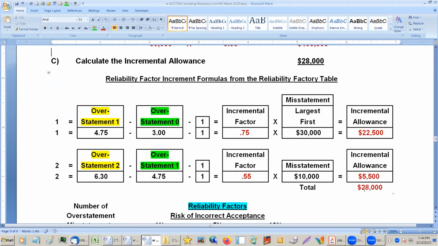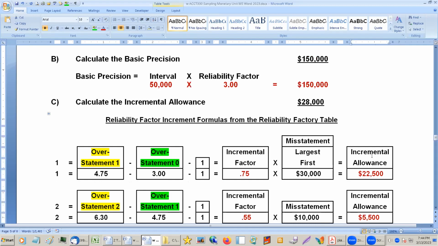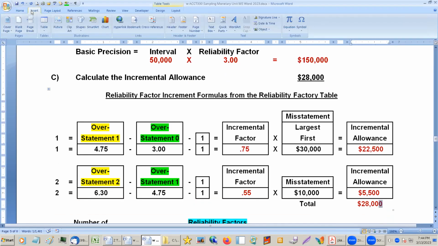So 28,000, that's where this would come in. I'm going to insert a.